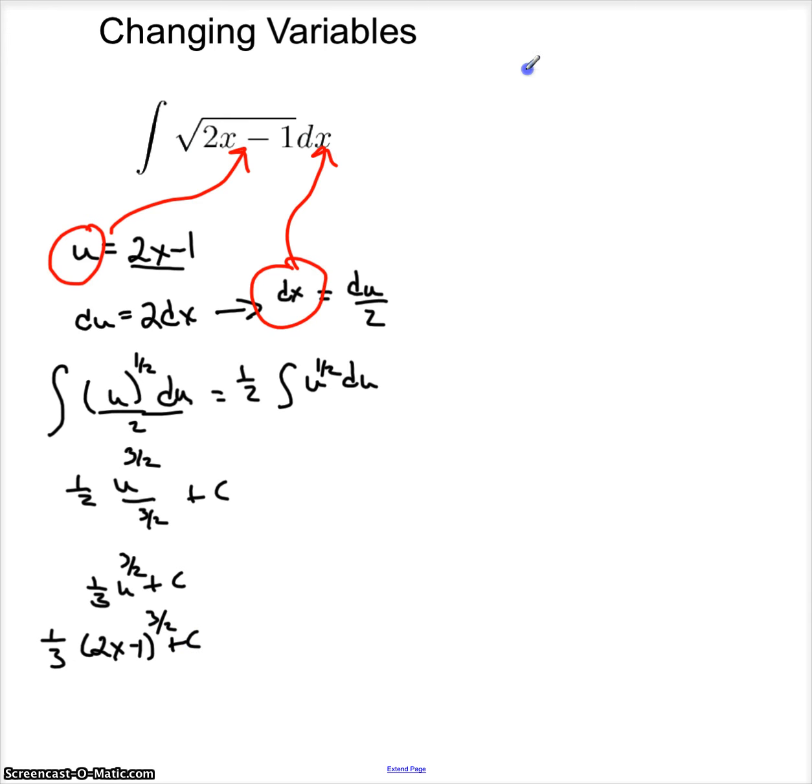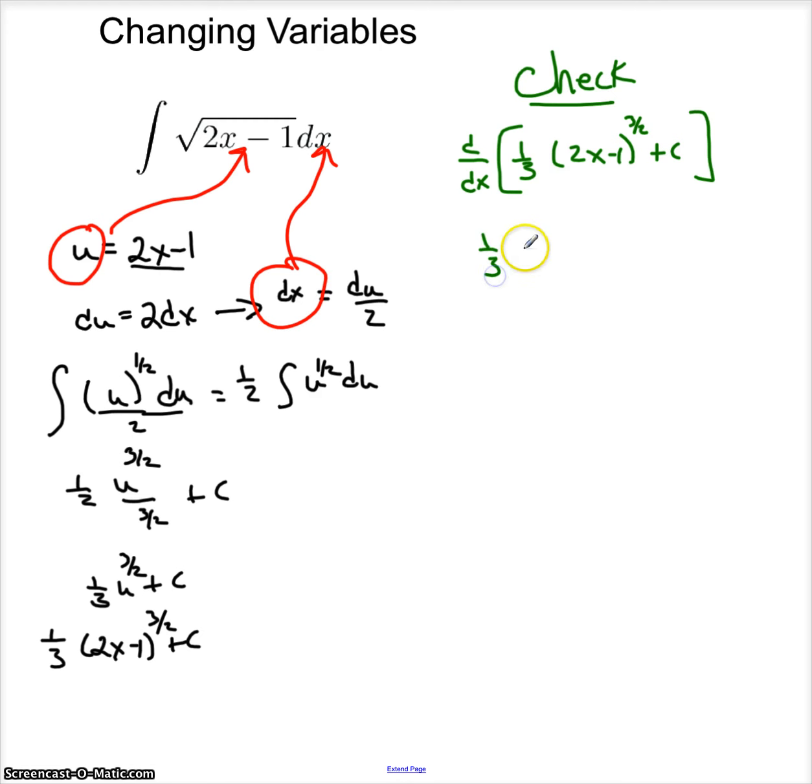Now let me do a check over here. Always check. The derivative with respect to x of 1/3 times 2x minus 1 to the 3/2 plus c is 1/3 times 2x minus 1 to the 1/2 times the derivative of what's inside, times 2.